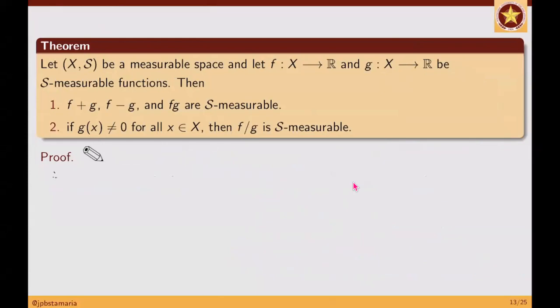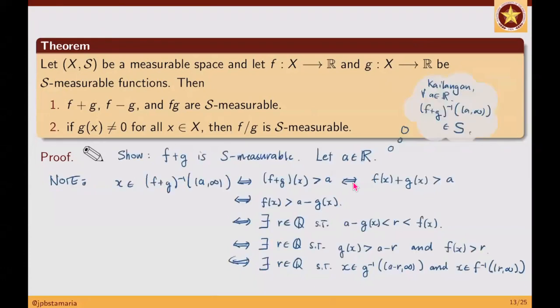Therefore, ang inverse image ng a to infinity under f plus g is going to be, no? Kasi kapag si x nandito, si x ganito yung property na x and vice versa. So how would you write this as a set?